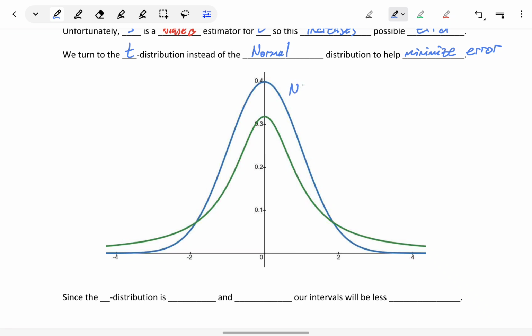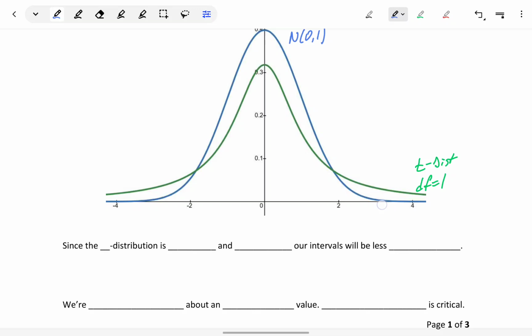Keep in mind the normal distribution and the t-distribution, which here is graphed with 1 degree of freedom, share a lot of similarities, but the t-distribution is both lower and wider.